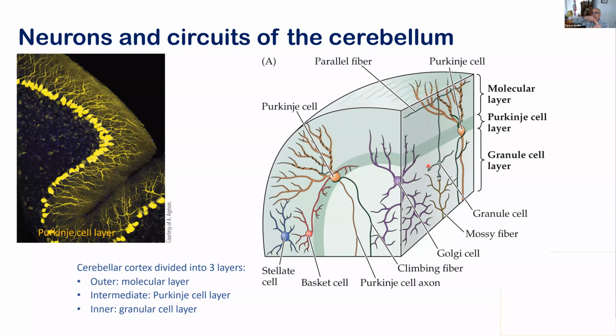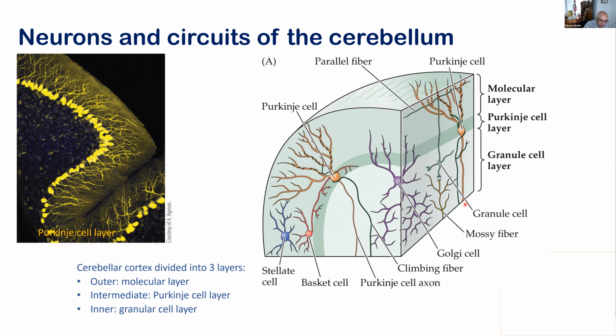So that's feedback inhibition. It's excited by the granule cell and it inhibits the granule cell. There is also a set of neurons known as stellate cells and another set known as basket cells, and I'm going to tell you a little bit more about each of these.